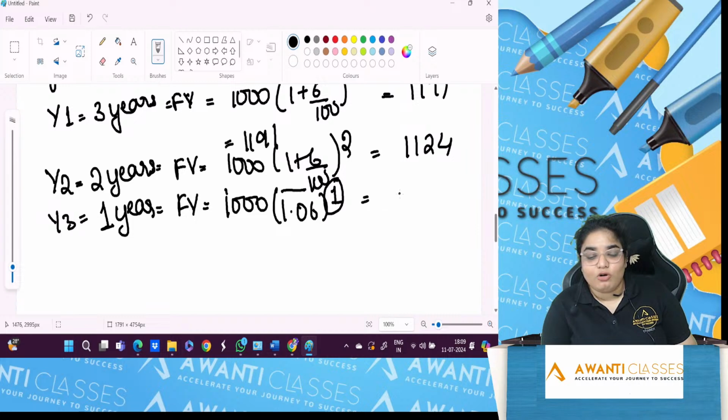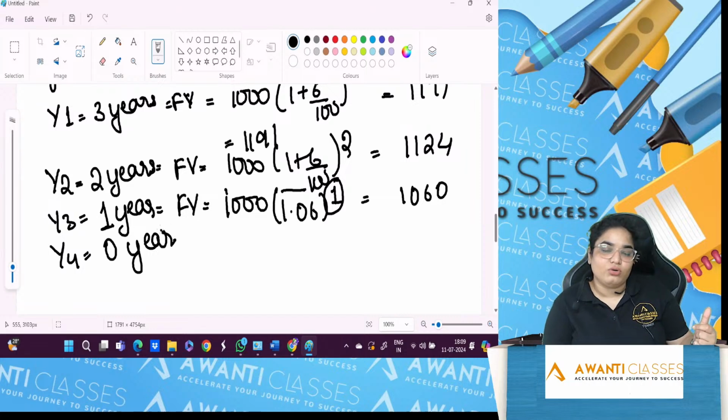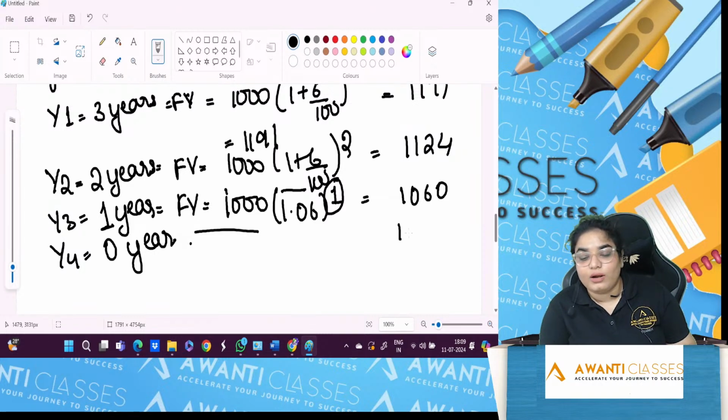This is equal to how much? 1060. Year 4, this has been there for 0 years. Why? Just now he has given and now it's already returning to him. So this will be nothing, no formula required, directly 1000 rupees.